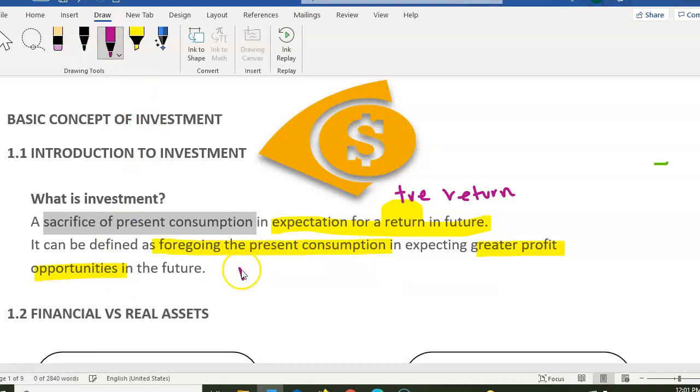So let's say you've been given RM1,000. You are planning to have some new clothes, mungkin awak nak beli baju baru, or you want to buy a new handphone.